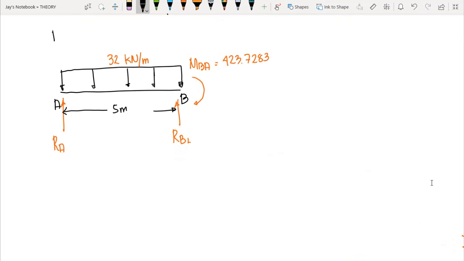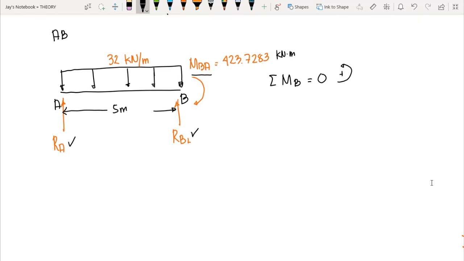So we begin with member AB. We will be computing for the reaction at A and the left reaction at B. In this case, we can sum up moment at B to compute for RA, and this equals to 0, counterclockwise positive. Now take note, we have the value of MBA here, which is clockwise based on our computation, in which the value of MBA is 423.7283 kilonewton meter.